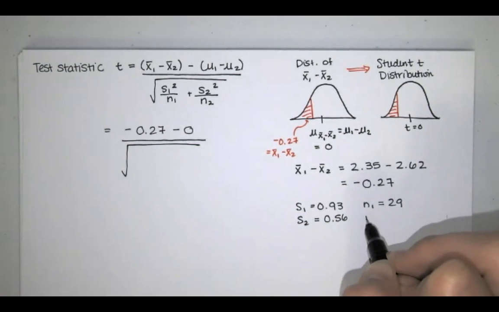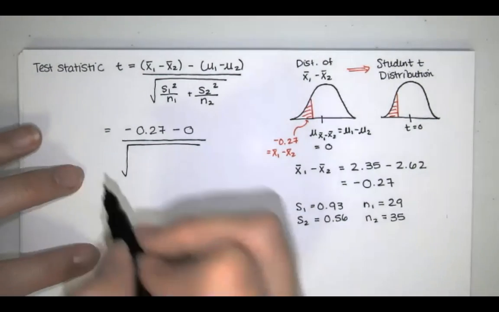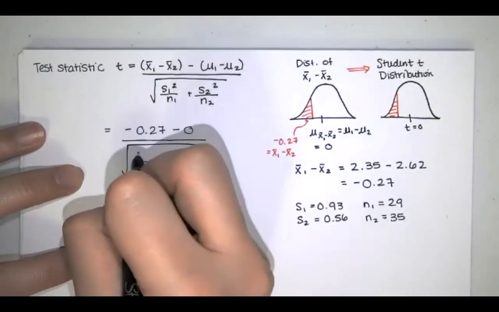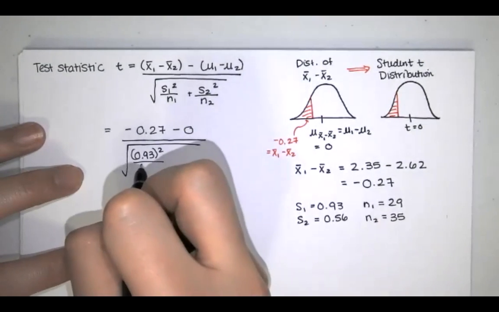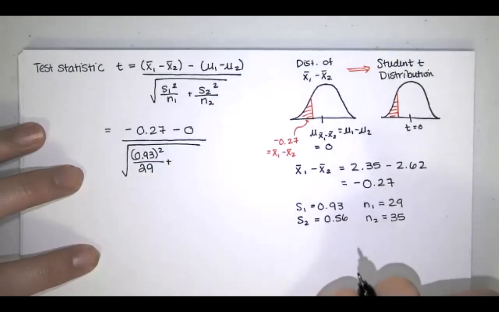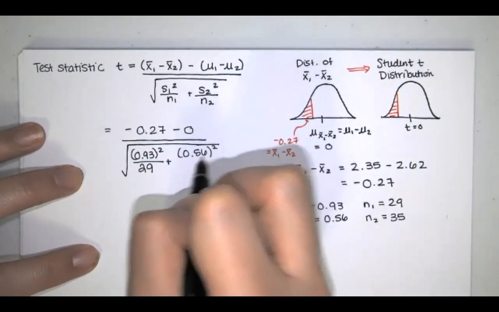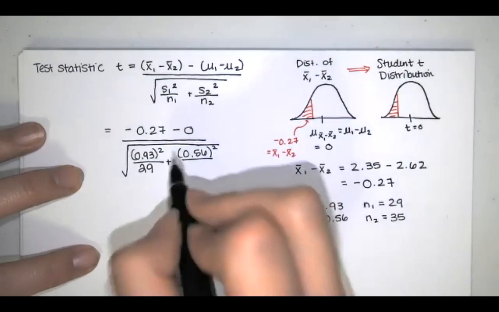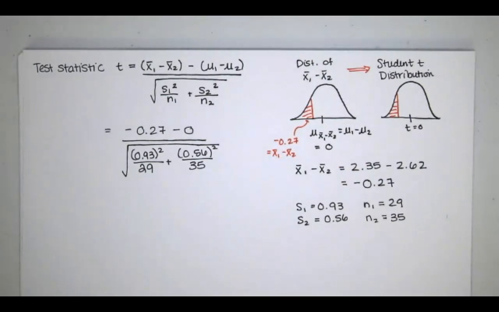We had 29 in that sample, and N sub 2 happened to be 35. So what we're going to have here is S sub 1 squared divided by the corresponding sample size, and then we'll have S sub 2 squared divided by the corresponding sample size, and that's going to give us some value.